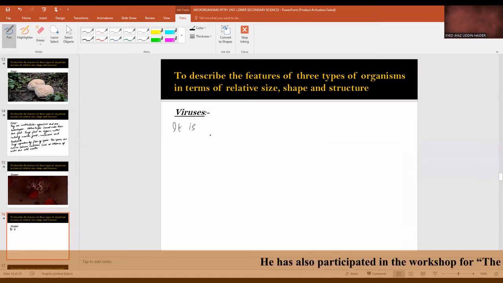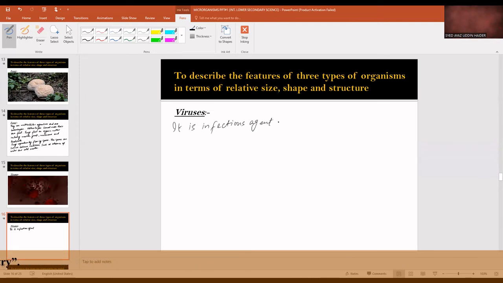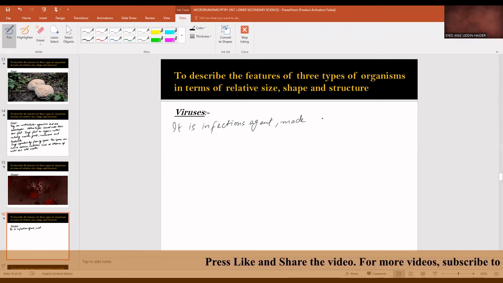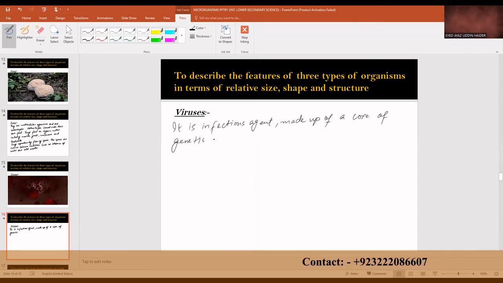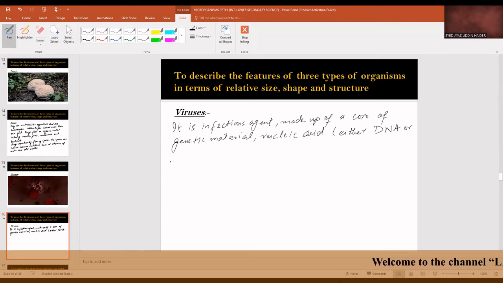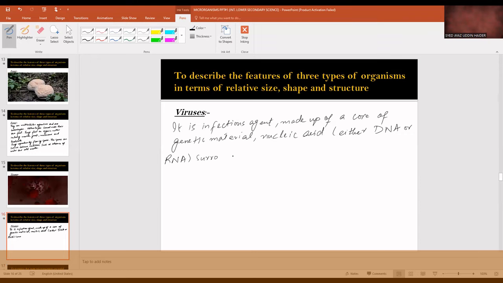It is infectious agent, meaning it causes infection, made up of core of genetic material, nucleic acid, either DNA or RNA, surrounded by a protein coat.